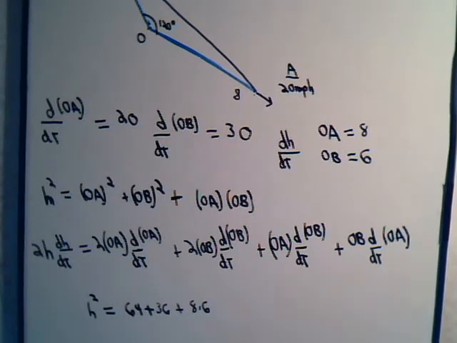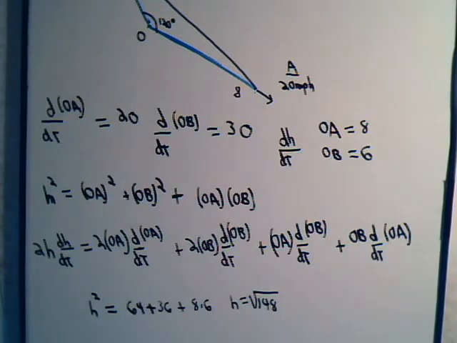So h squared, 100 plus 48, h squared equals 148, h equals the square root of 148. So it looks like we have everything filled in on this rather long equation except for this. And that's what we wanted to solve for.